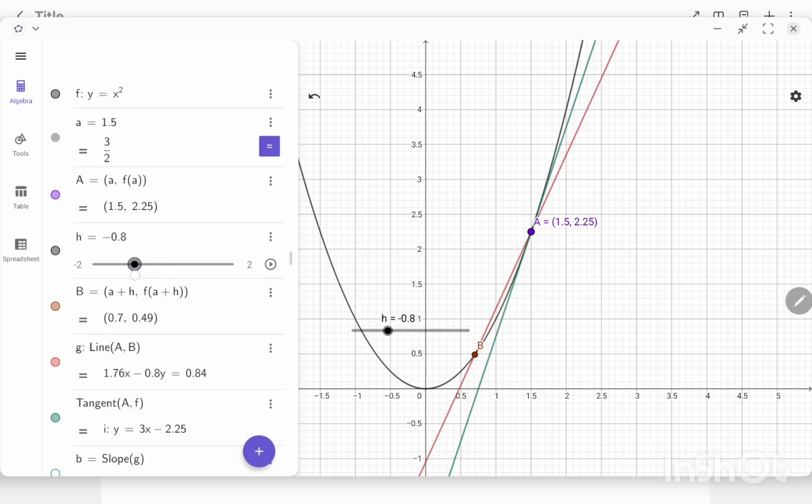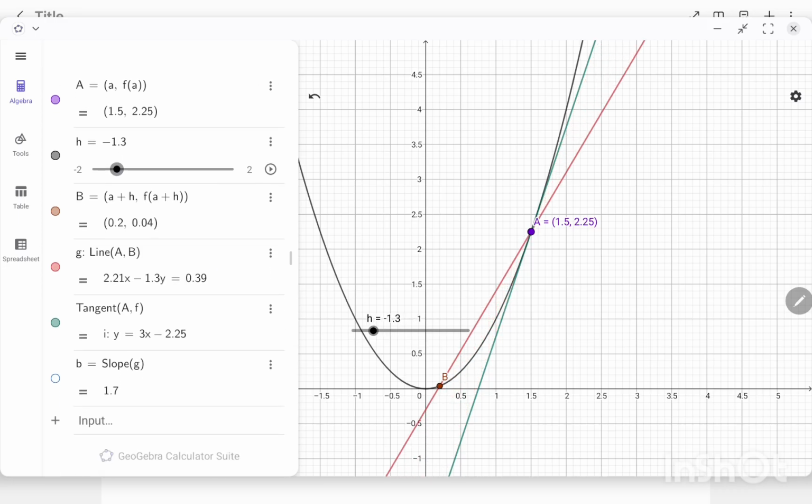That means when B approaches A, the slope of the secant AB will become the slope of the tangent. When h is approaching 0, we can see that the slope of the line is not defined, it is undefined. Why?